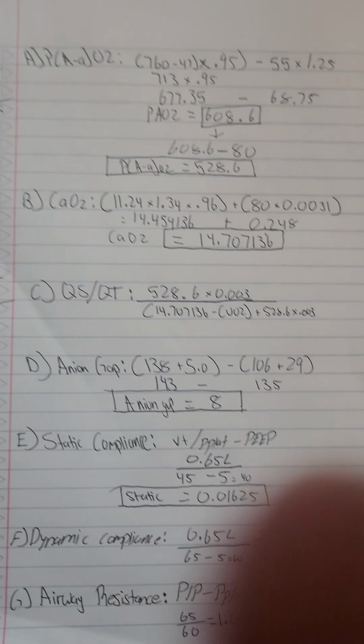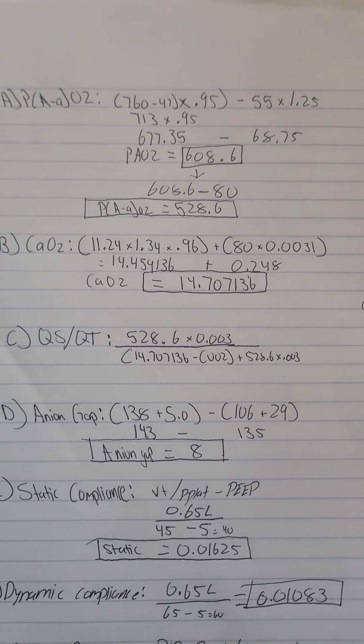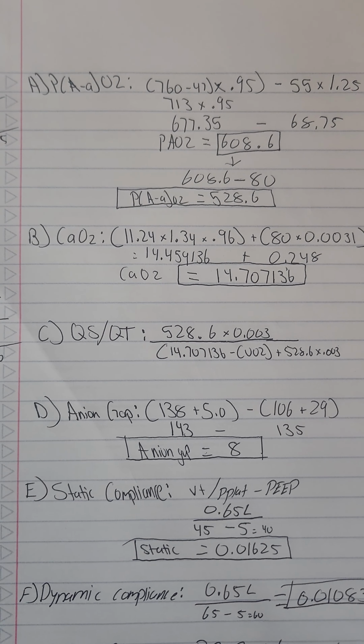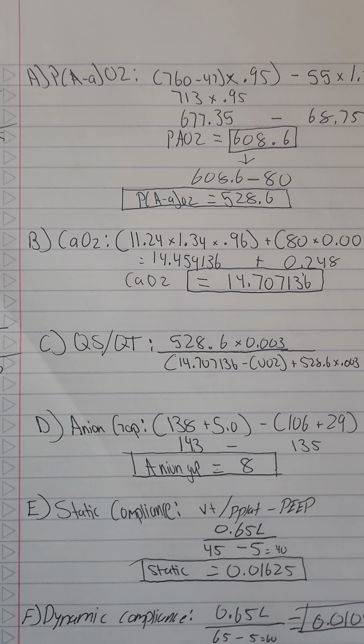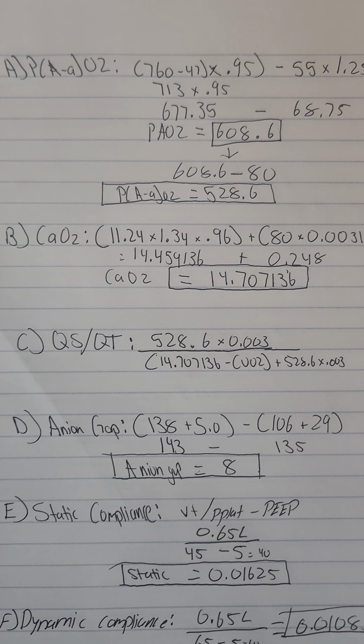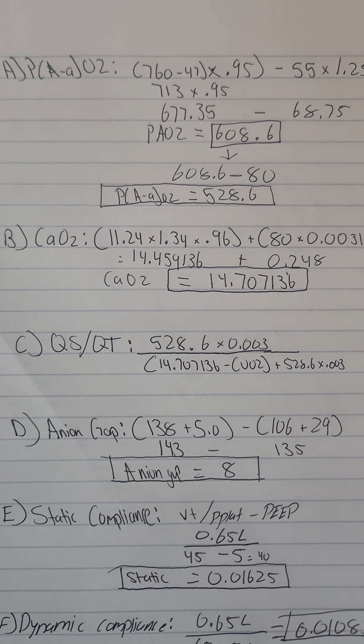Okay, so here are my calculations that I did for the exam remediation. This is the P big A minus little a O2. So for that, we need to find the alveolar gas equation.